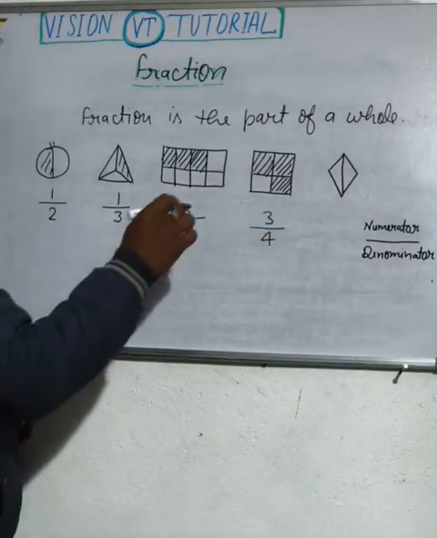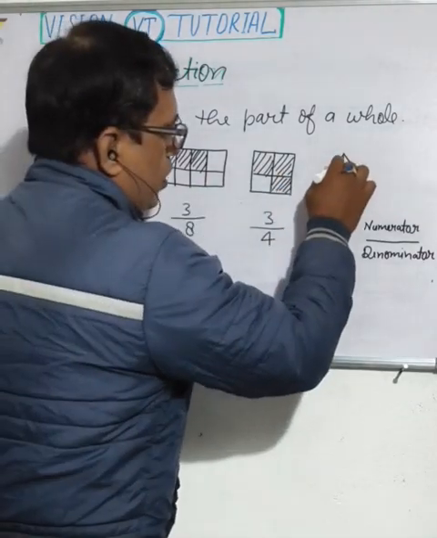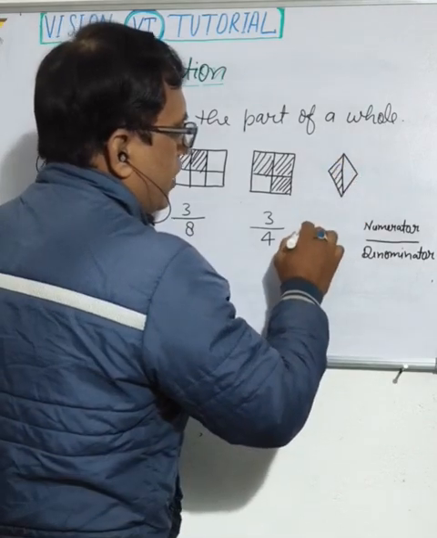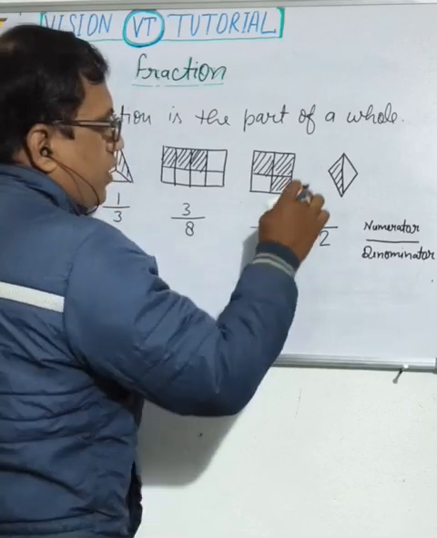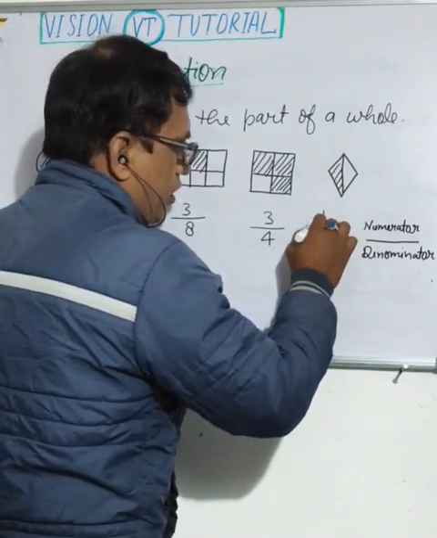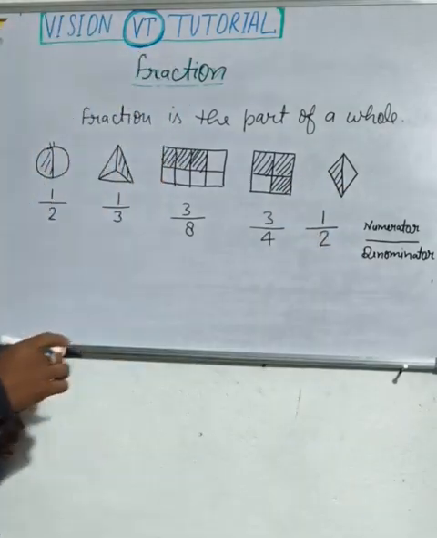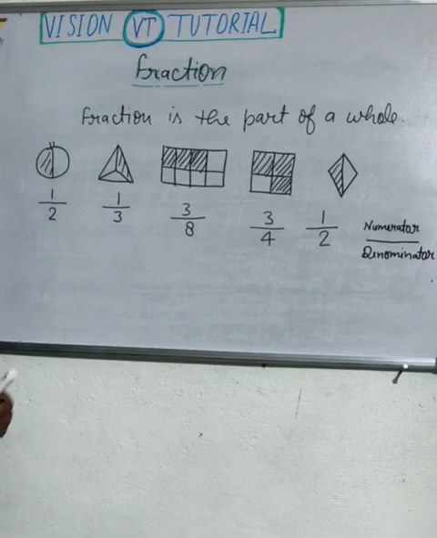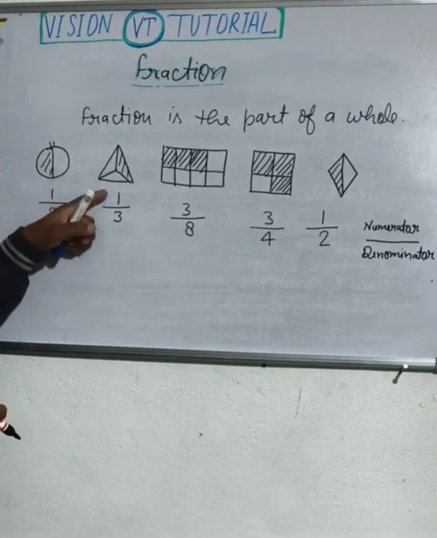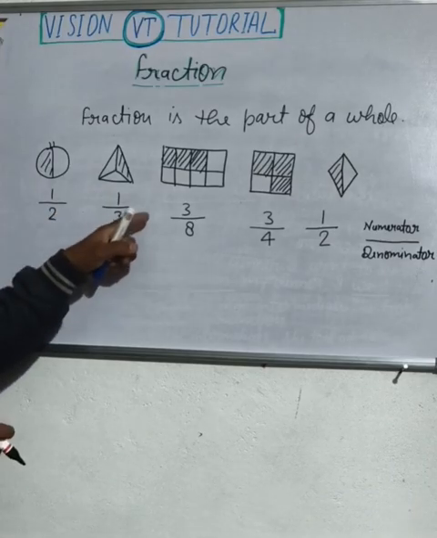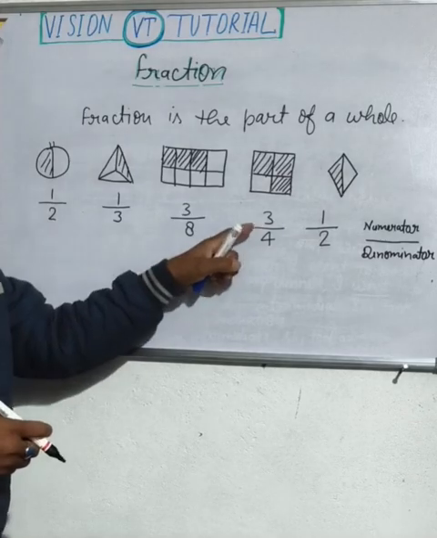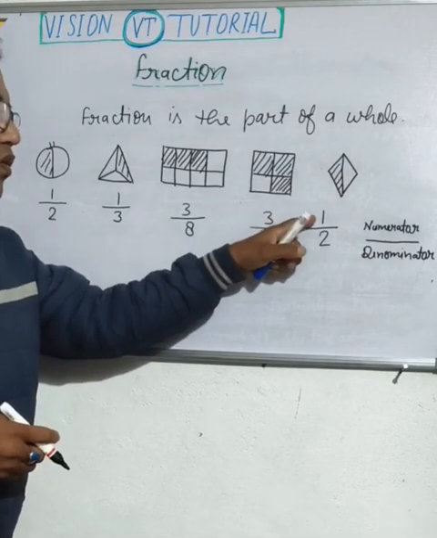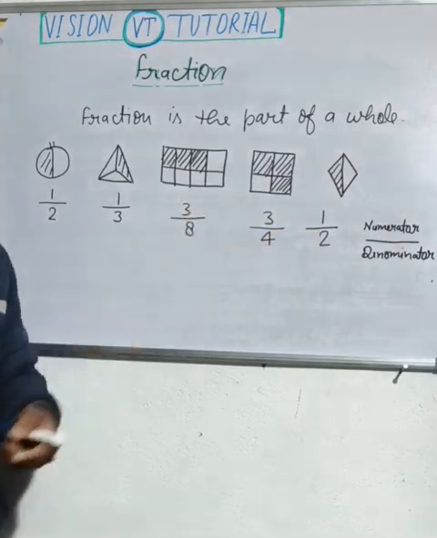Okay, if I have taken one part out of 2 from the kite, so 2 is the denominator, and 1 that I have taken, it is called 1 upon 2. Is it clear? So here numerator is 1, denominator is 2; numerator is 1, denominator is 3; numerator is 3, denominator 8; numerator is 3, denominator 4; numerator is 1, denominator 2.